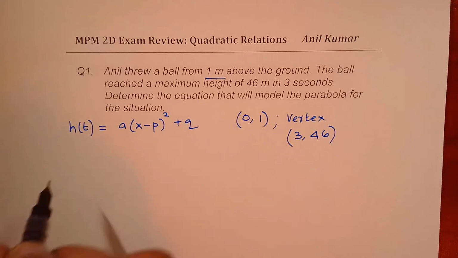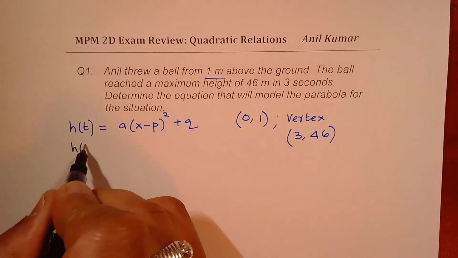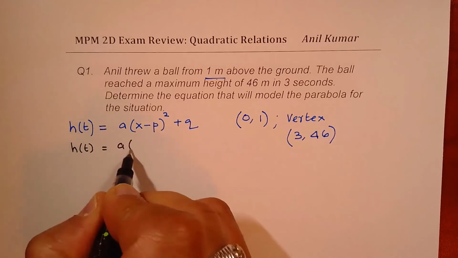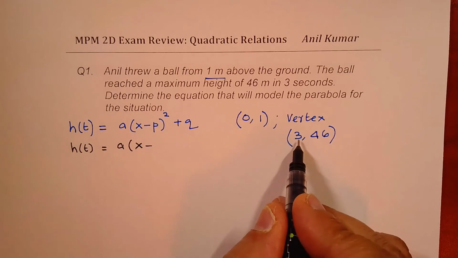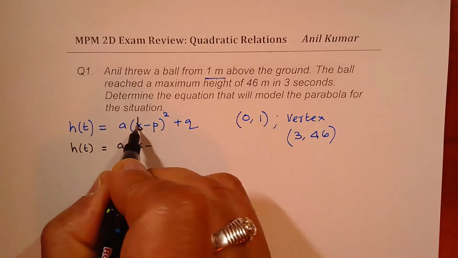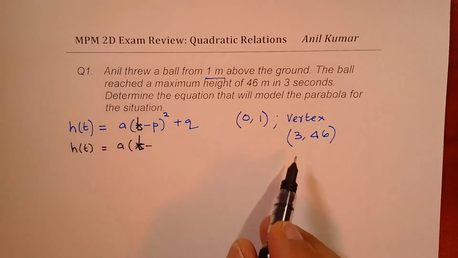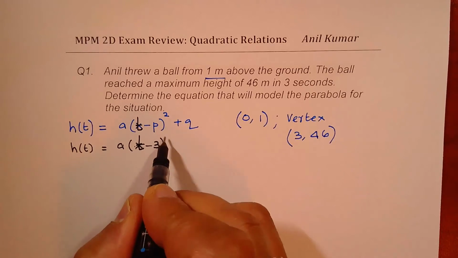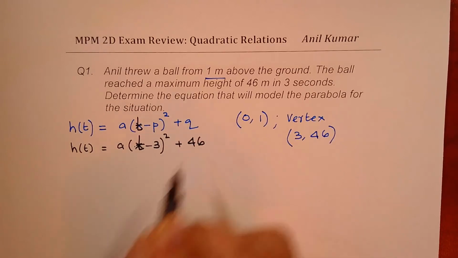So using the vertex, we could write height as equal to a times (t minus 3) whole square plus the maximum height of 46. I should write t here, not x, since I have changed my variable to time t. Does it make sense?